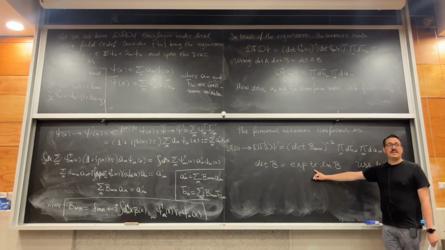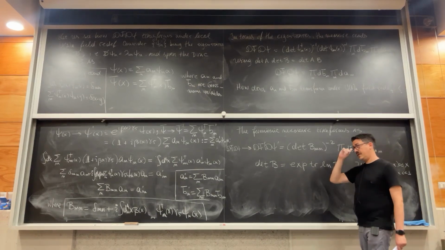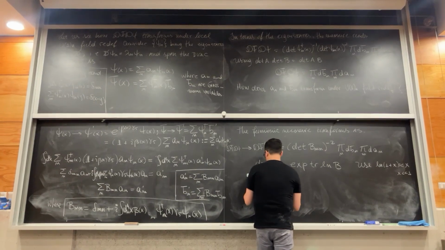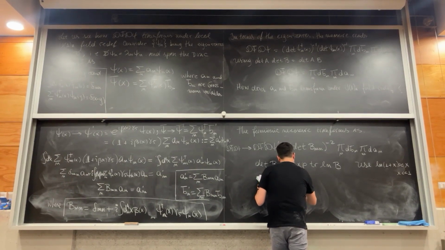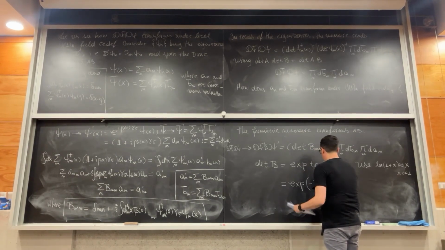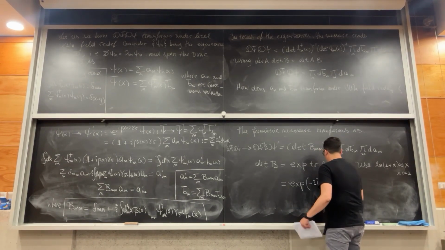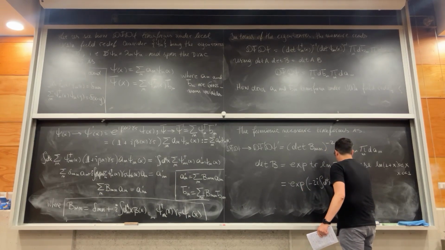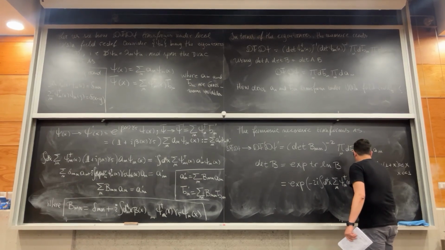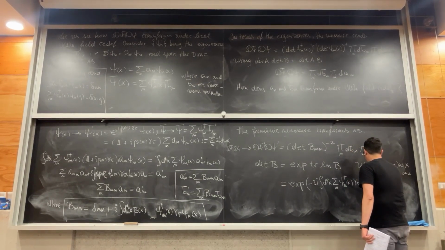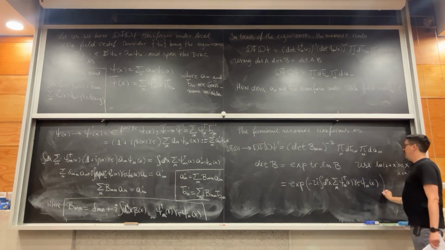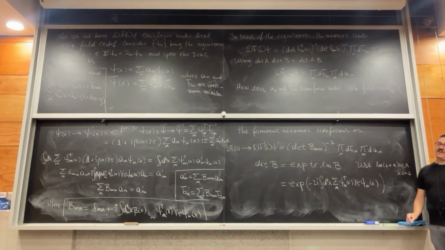And formally, the trace is divergent. Okay? So the determinant of B can be written in this way: exponential minus 2i d^4x and gamma 5. And the sum over n is because we have the trace here. And in general, this guy is divergent.